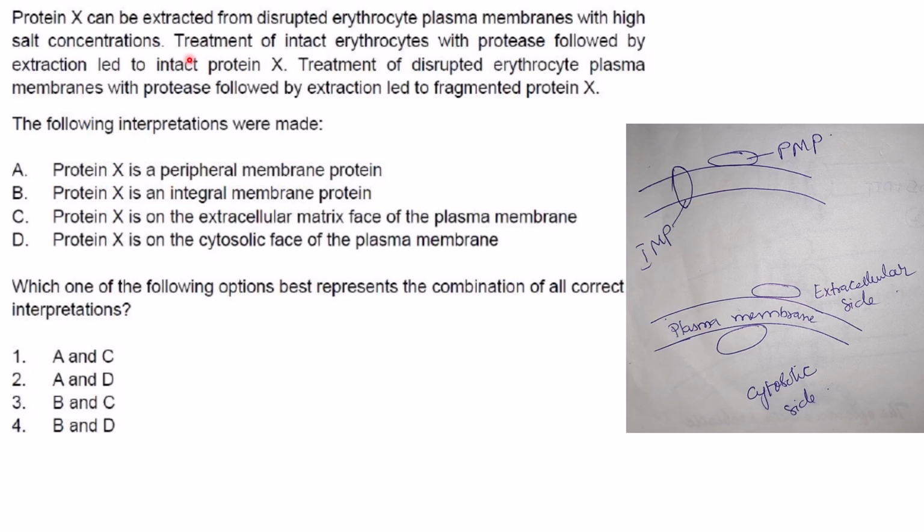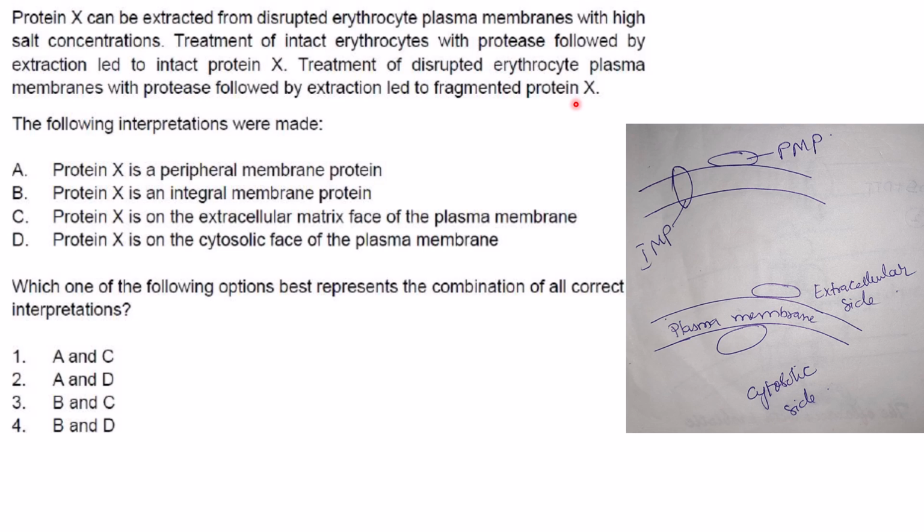Now, treatment of intact erythrocytes with protease followed by extraction led to intact protein X. Treatment of disrupted erythrocyte plasma membrane with protease followed by extraction led to fragmented protein X.